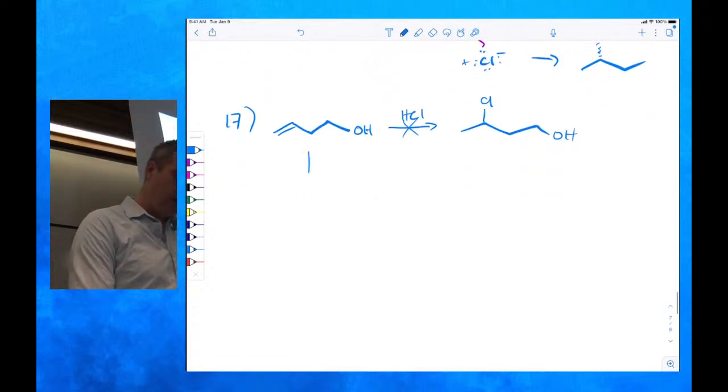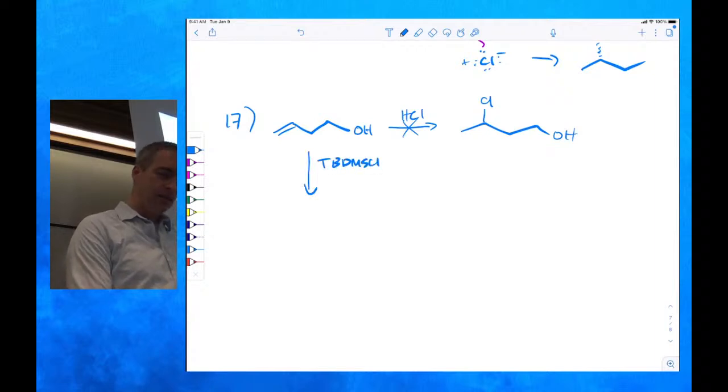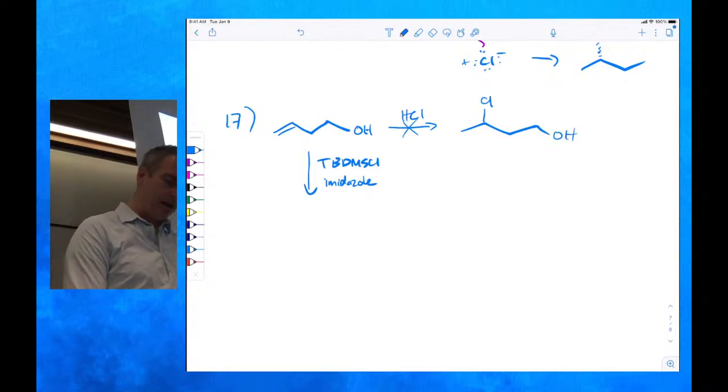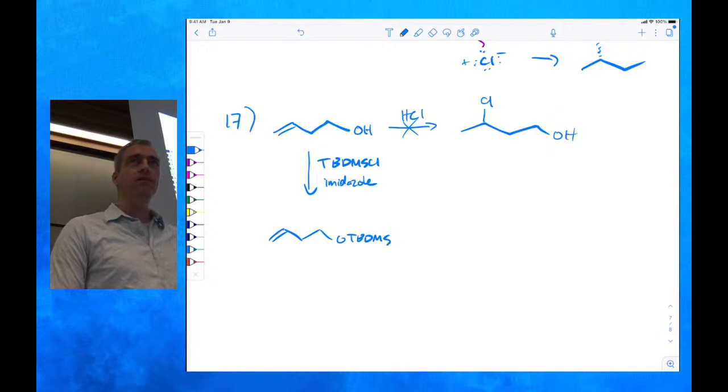So instead, what you can do is protect the alcohol using TBDMSCl, and I believe imidazole was the base that was added with it to sop up HCl. That basically makes that group unreactive.